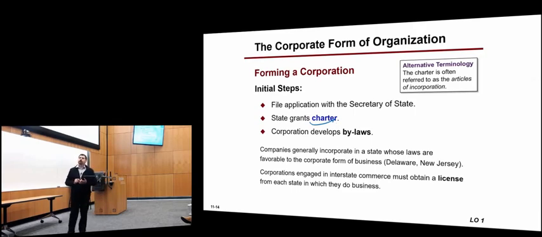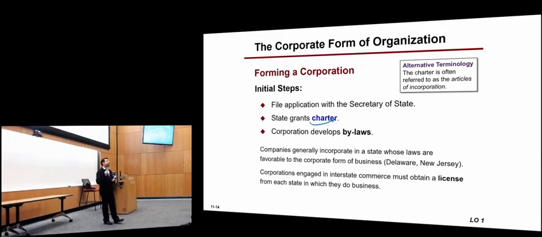Okay? Now, every company has to be incorporated in one state. Usually, companies would pick the state where the regulation and laws suit them best. It doesn't have to be where their main line of business is.